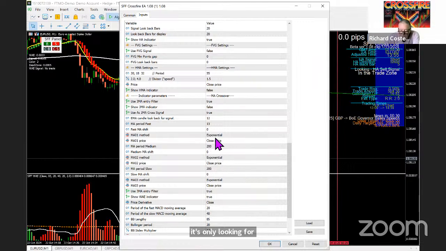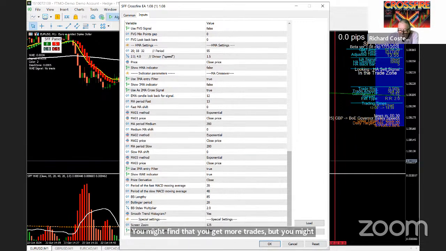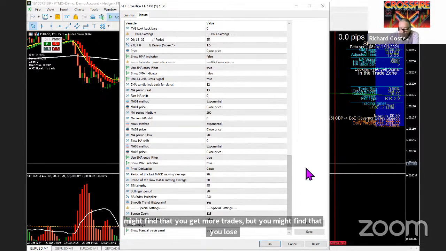If you wish to, you can change this to false and change that to false, and it won't take any account of the MA crossover. So if you feel that you're missing out on certain trades because you're using the MA filter, by all means, feel free to change that to false. You might find that you get more trades, but you might find that you lose some of those trades, or you lose more of those trades.